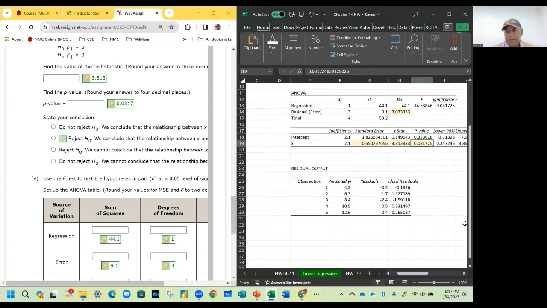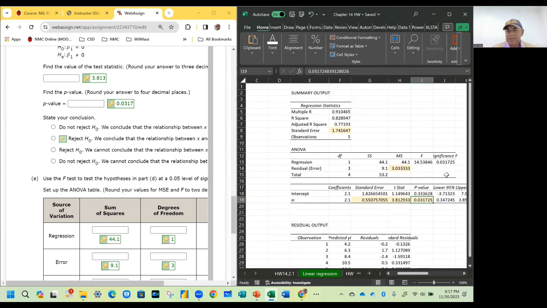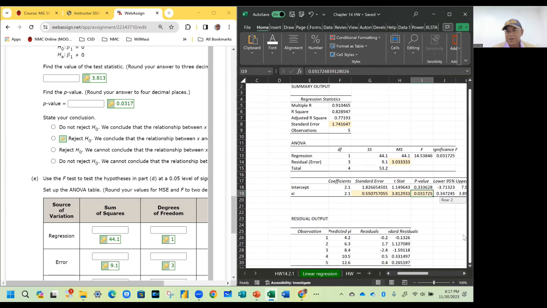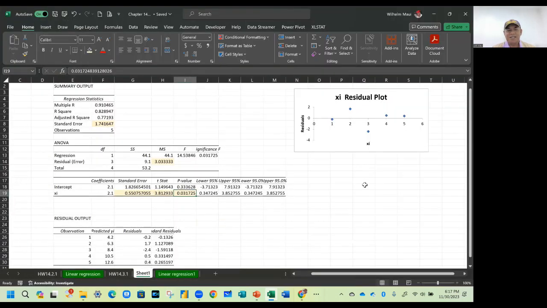let's see. Okay. I don't see my, so to do this one, the easiest way or the alternative way is this.